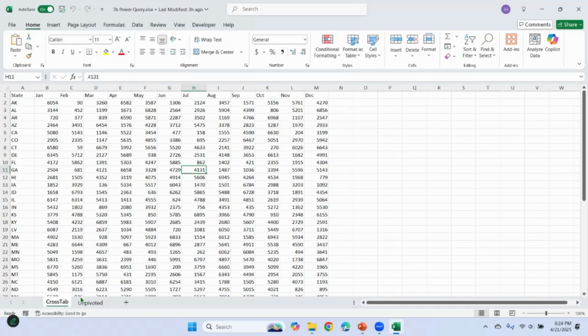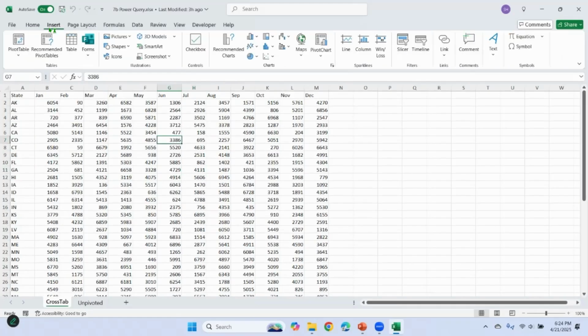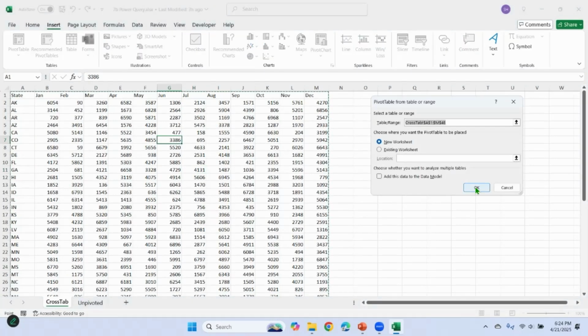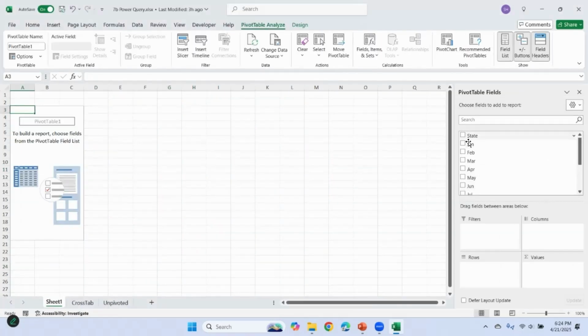Before we do this, let me explain. If we feed this data into any analysis software, a pivot table in Excel, or Power BI or Tableau, let's see what's happening. Let's go here as usual, insert, then pivot table, and click OK. See what's happening here. I get all the column names as individual fields, correct? I get state, Jan, Feb. What sort of analysis can I do here?